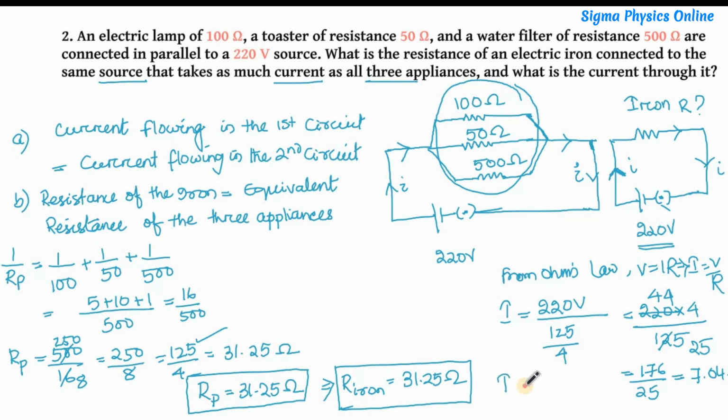Hence, the current flowing in the circuit is 7.04 ampere. So this is the current in the first circuit as well as the current flowing in the second circuit in which the iron is connected. These are the answers to this question. Now let's go over to the next question.